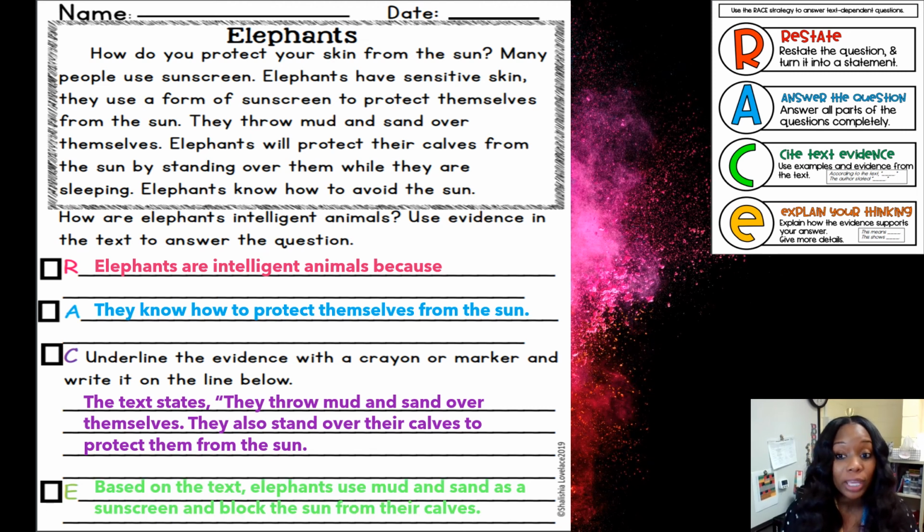And E. E means explain. You're explaining your evidence. How does this show that the elephants are intelligent? Well, based on the text, elephants use mud and sand as sunscreen and block the sun from their calves. That is how we know that they are intelligent animals.